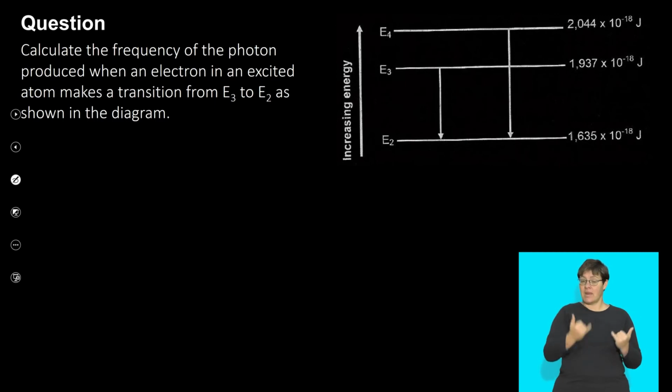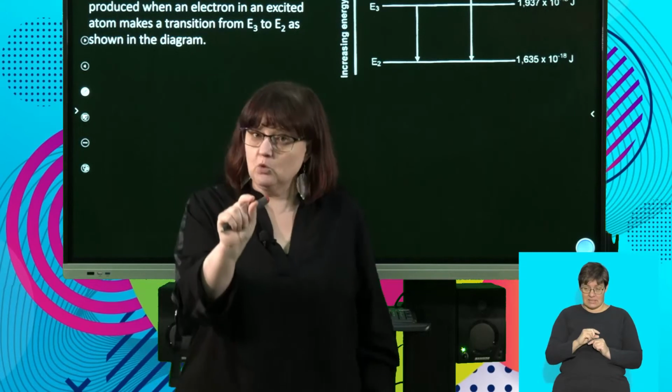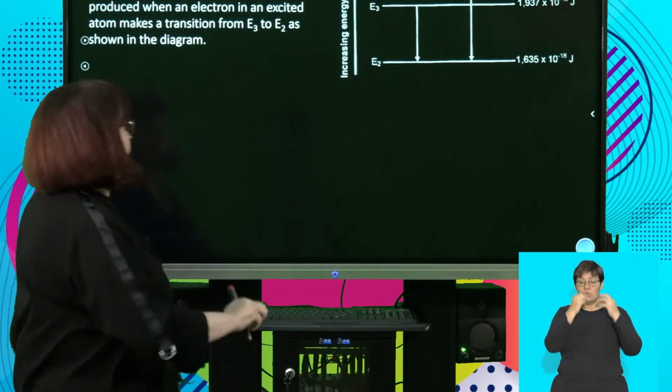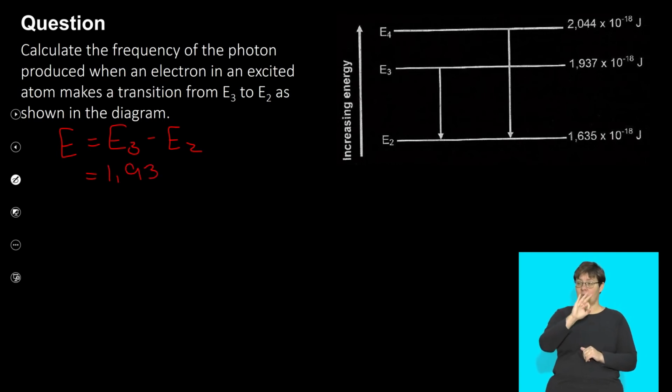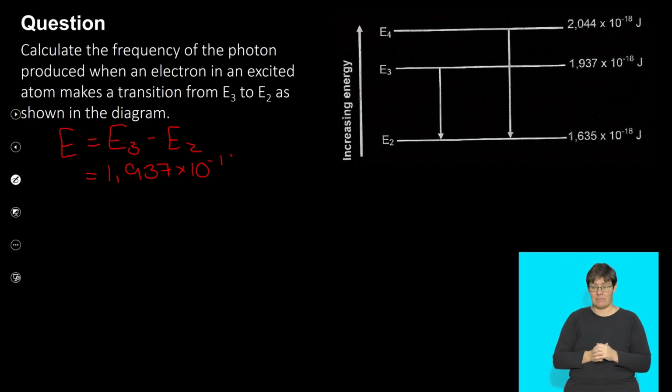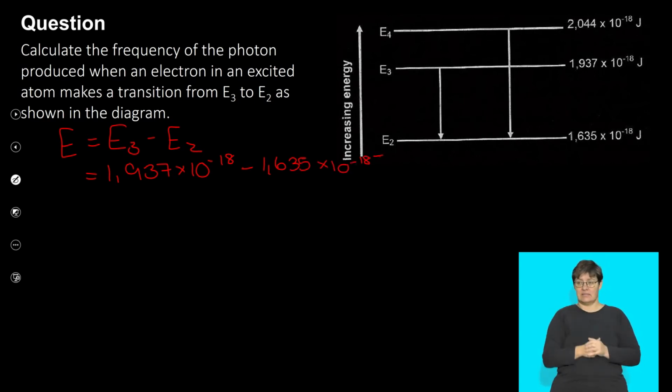Now they say, what if it goes from E3 to E2? What we need to recognize here is it's a smaller jump, which means it must be a smaller frequency. We're going to do exactly the same thing. E is going to be E3 minus E2. So 1.937 times 10 to the minus 18 minus 1.635 times 10 to the minus 18.